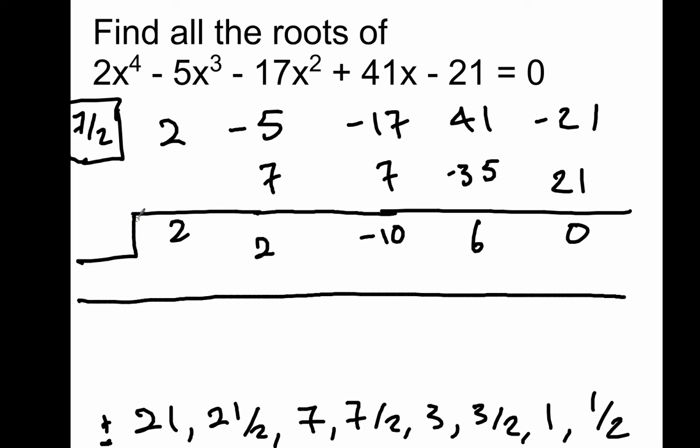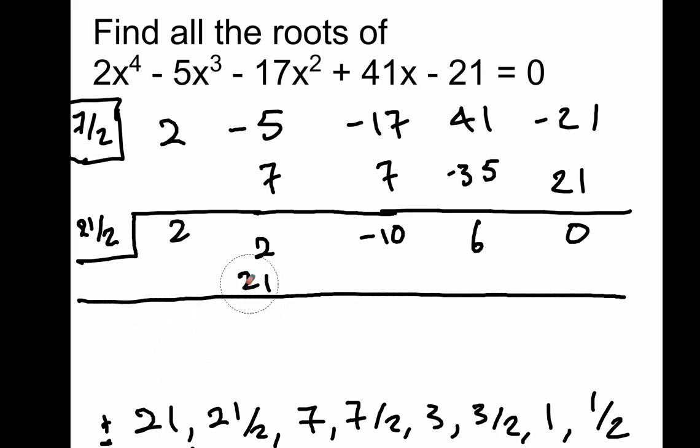Okay, so now I need to try another number. Let's try 21 over 2. So if you bring down the 2, this is going to leave you with 21. We're at 23. You're going to have a fraction, 23 times 21. It doesn't look like this is going to work out, so I don't even need to keep going.